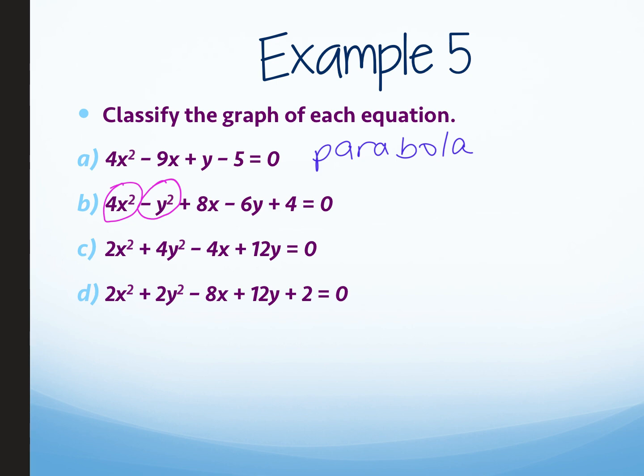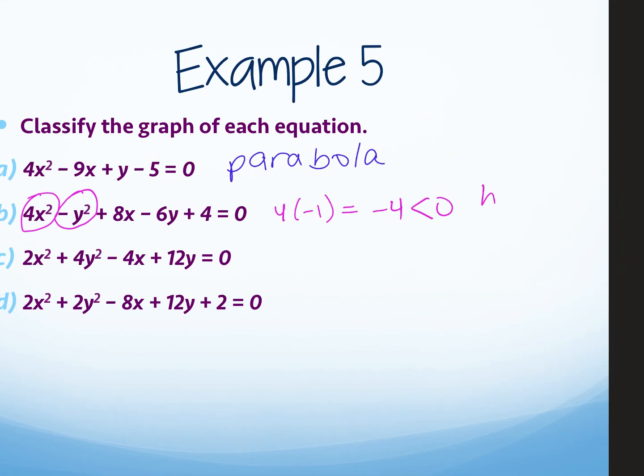All right, so if I multiply 4 times -1, what does that give me? -4. So what is the relationship between -4 and 0? -4 is less than 0. So if you look at that little chart, what does that tell you? If A times C is less than 0, what is this? It's a hyperbola.